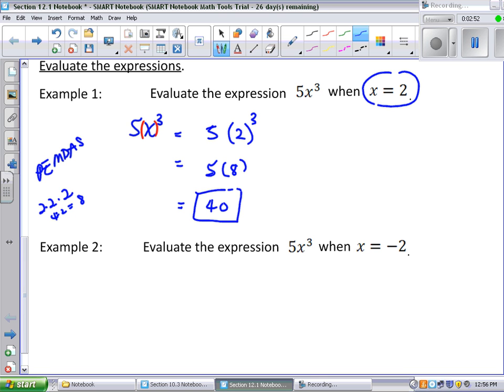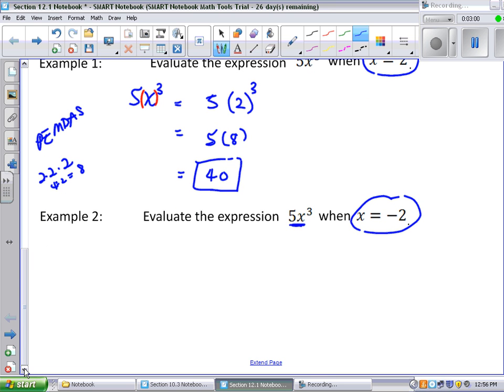Now I'd like to take that same expression, 5x cubed, and evaluate it for x equal to -2. So I have 5x cubed, and I want to wrap my variable in parentheses. And then I'm going to plug in the -2 where the x is. 5 times -2 cubed.